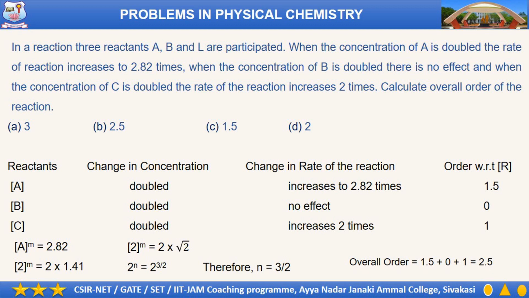When the concentration of B is doubled, there is no effect. When the concentration of C is doubled, the rate of the reaction increases 2 times.